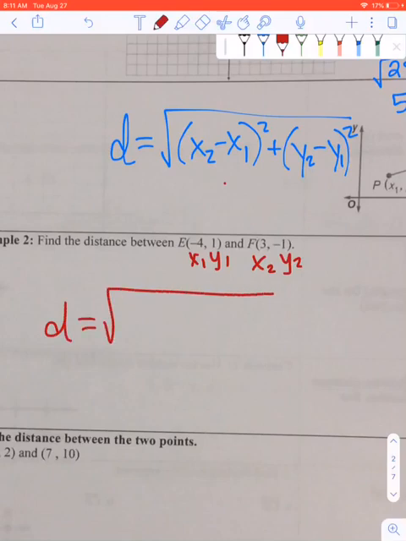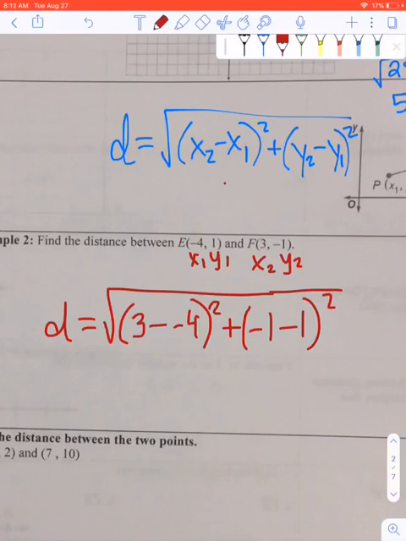Okay, I'm going to plug that into the distance formula. We have square root. I'm going to take my x2 minus x1, so x2 is 3, minus x1 is negative 4. We're going to square that, and then plus y2 minus y1, so negative 1 minus 1, squared. Now from here I just need to use my order of operations.